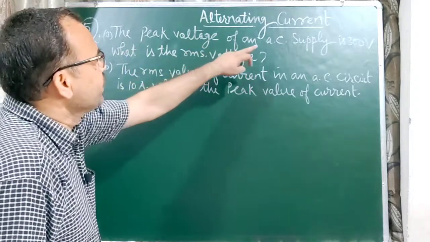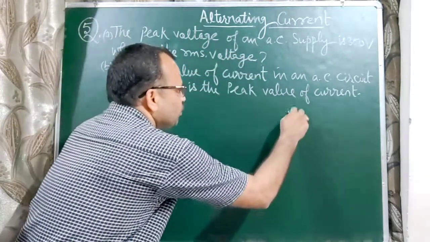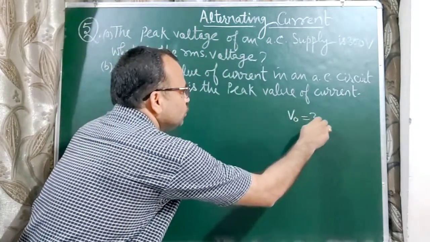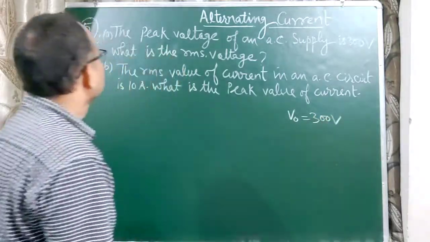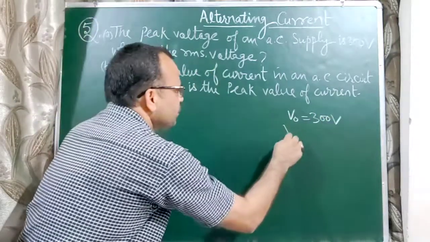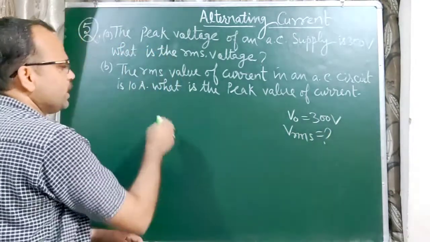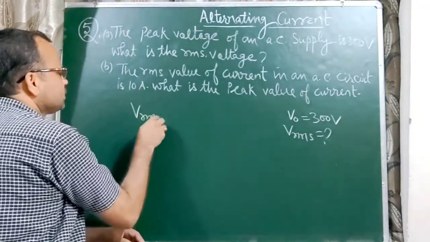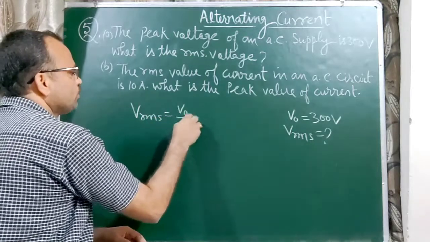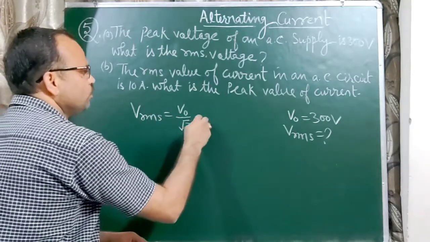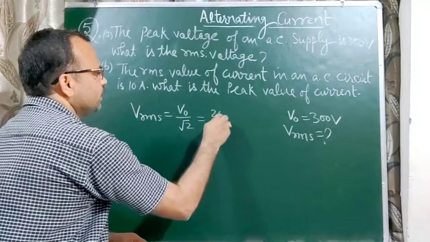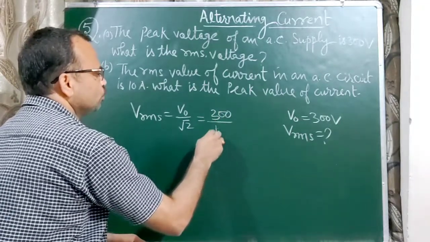Now move to the next problem. The peak voltage of an AC supply is 300 volt, means V naught equal to 300 volt. What is the RMS voltage, means V RMS equal to question mark. As we know that V RMS is equal to V naught upon root 2. The value of V naught is 300 upon root 2.